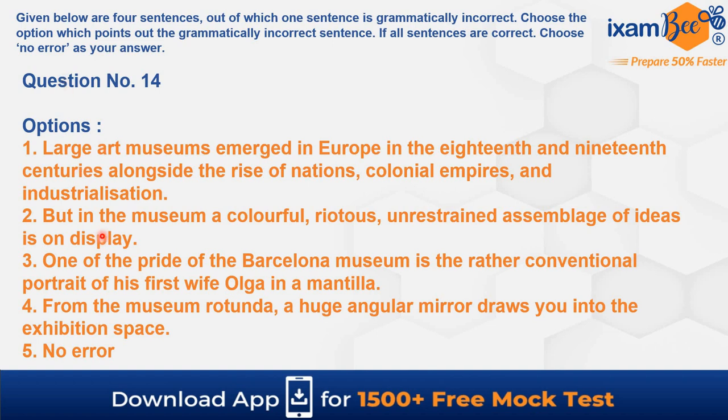So you can again pause the video and look for the incorrect sentence, but I'll just tell you the incorrect one here. See, wherever you find one of the, always remember the object has to be plural because we're talking one of those things, right? So one of the brides, it had to be brides.